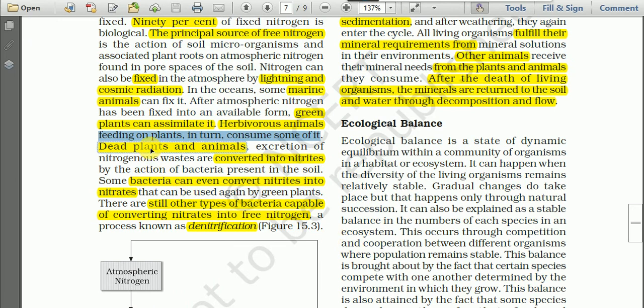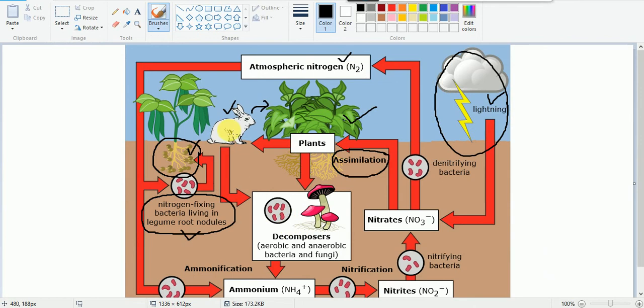Then dead plants and animals, and the excretion of these nitrogenous wastes, are converted into nitrites by the action of bacteria present in the soil. Then after that, what happens? These animals will die, and these plants will be decomposed by the action of bacteria.